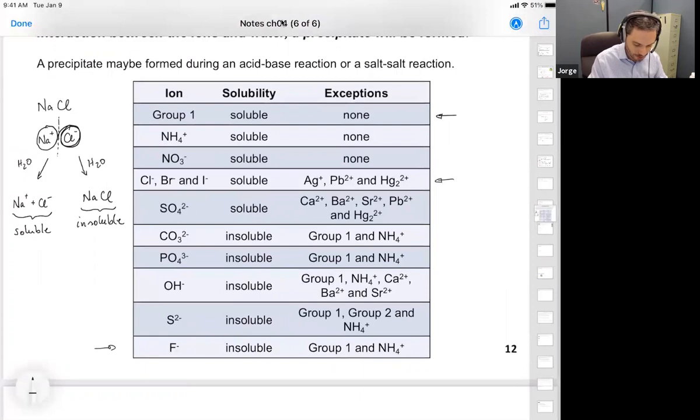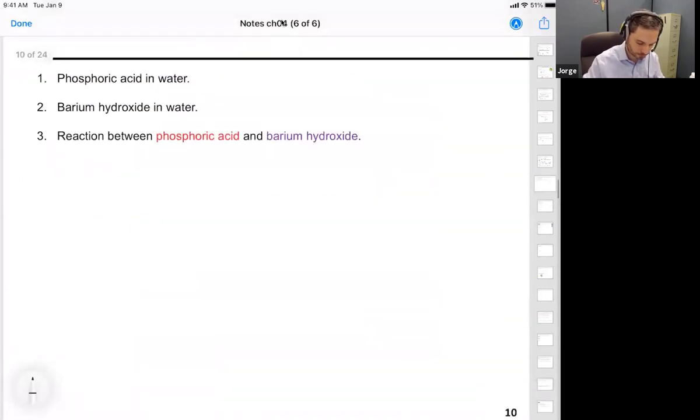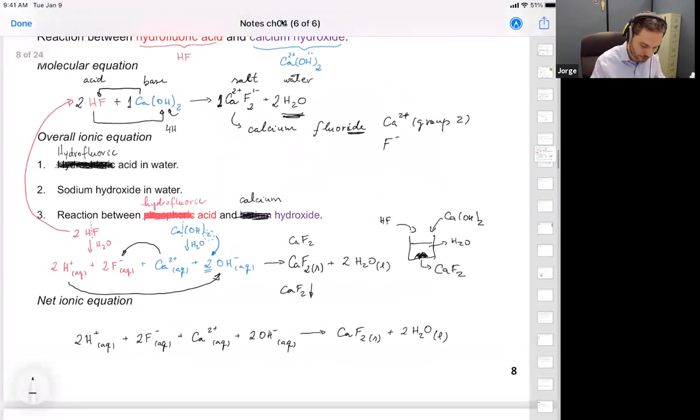Fluoride salts are, in most of the cases, insoluble. The exception is group 1 and ammonium. Therefore, calcium fluoride formed by fluorides and group 2 must be insoluble, which means that this product here is a solid.